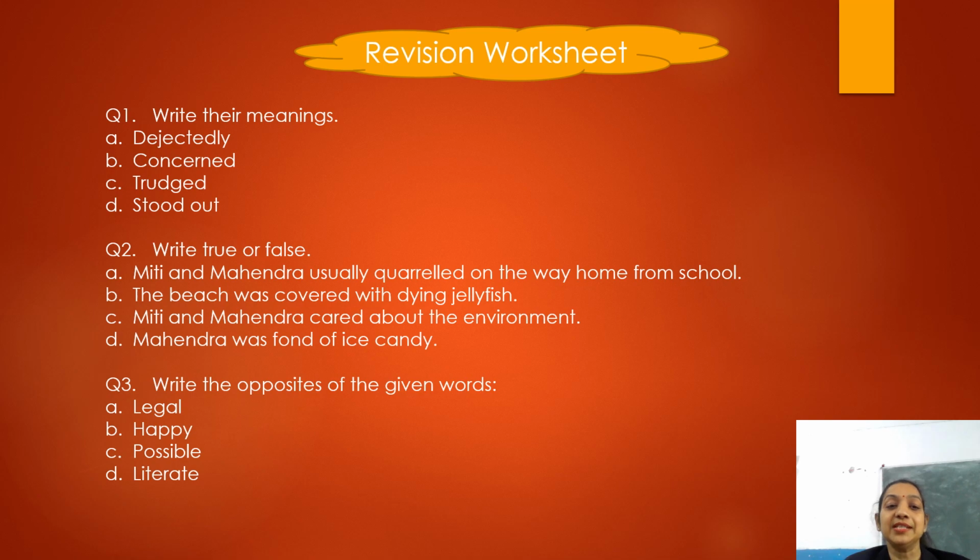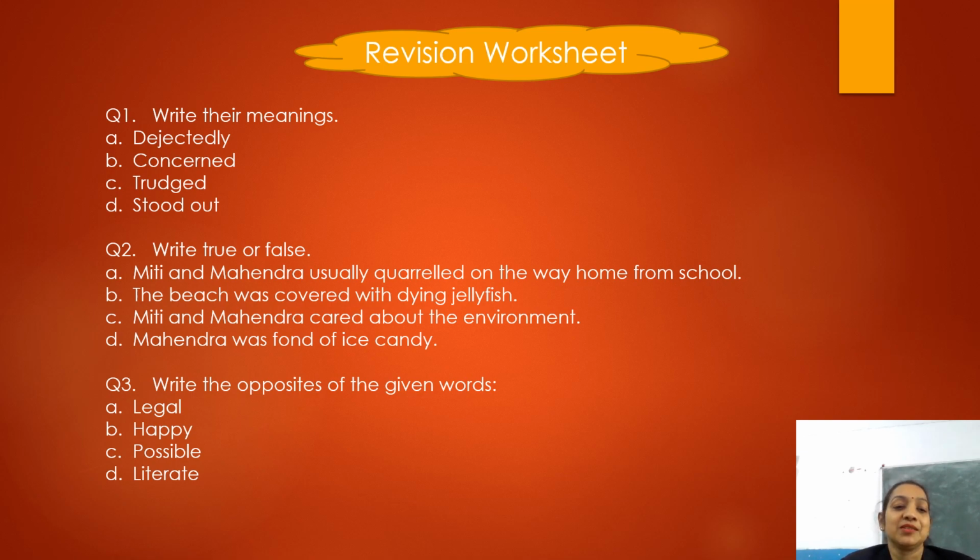And our question 3 is, write the opposites of the given words. So children, here a few words are given to you and you have to give the opposite words of these. Antonyms also we can say, no? So first word is legal. You can add prefixes to make them opposite in meaning.